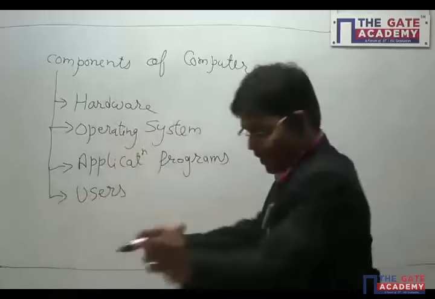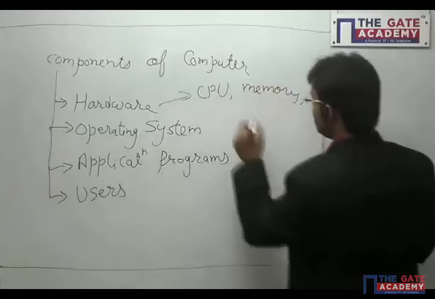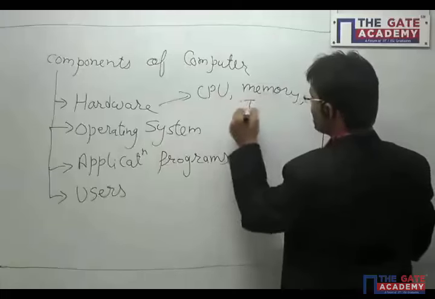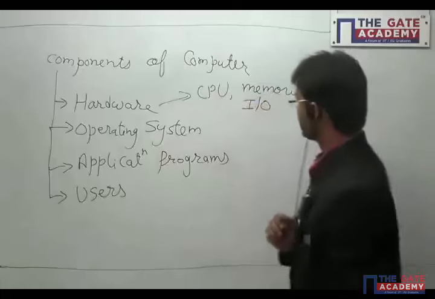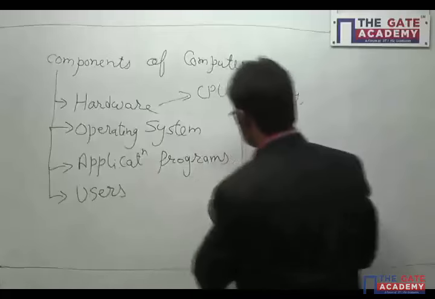Okay, so hardwares are your CPU, memory, means your main memory, okay, and your IO devices, whatever IO devices you are using. Okay, operating system we will discuss afterwards. The application programs.